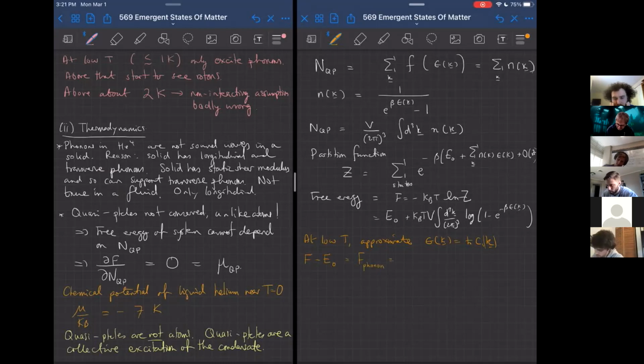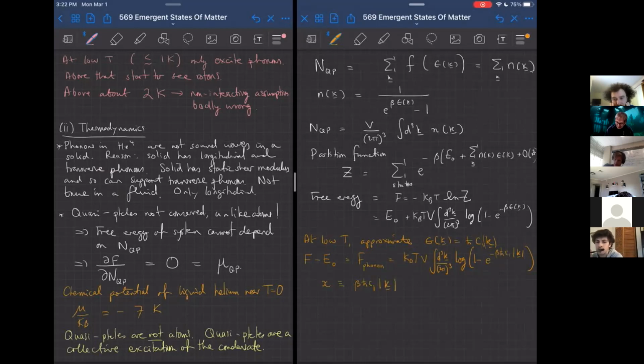And then I can just simply do the integral, because it's just k_B T V times the integral d^3k over (2 pi)^3 times the logarithm of 1 minus e to the minus beta h bar c_1 absolute value of k. The way I can do the integral is by substituting x to be beta h bar c_1 absolute value of k.